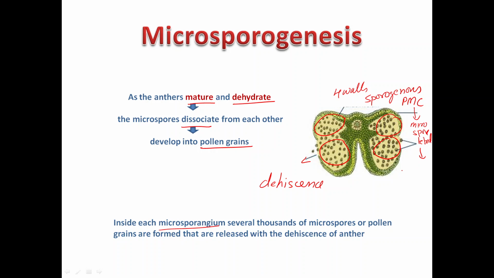They mature, dehydrate, and dissociate from each other to give pollen. So we started from theca. Theca has 4 microsporangia. In microsporangia there are 4 walls, and inside there is sporogenous tissue. And then inside, the cells are called PMC, that give microspore tetrads by meiosis, and then they develop into pollen.